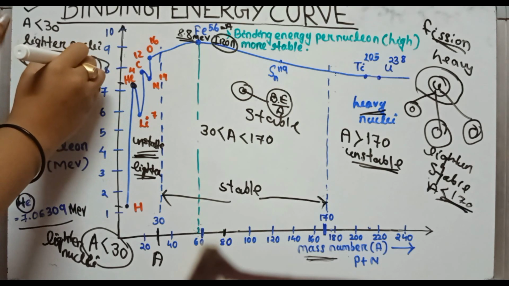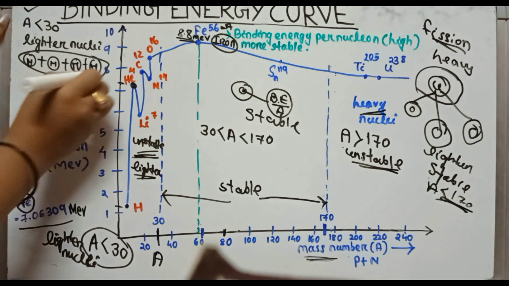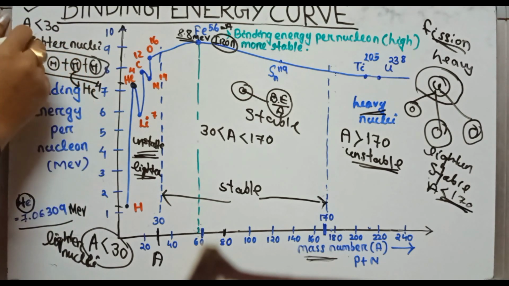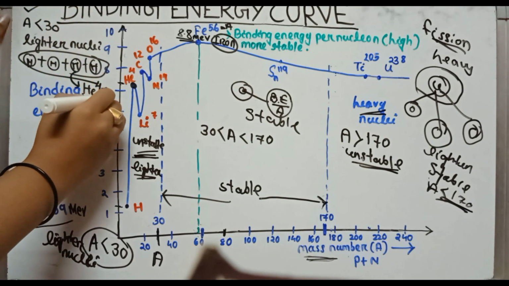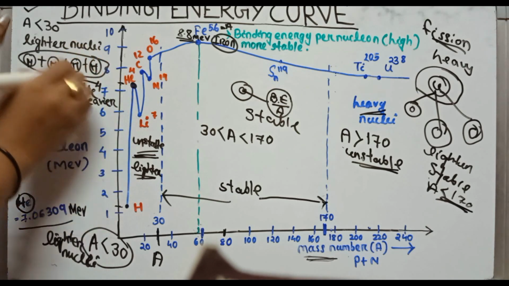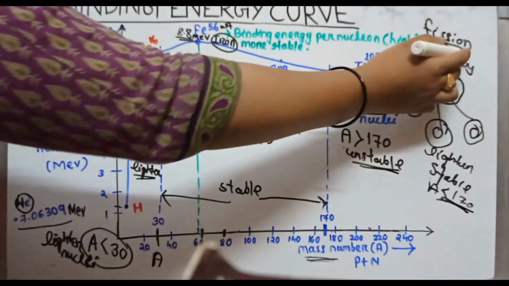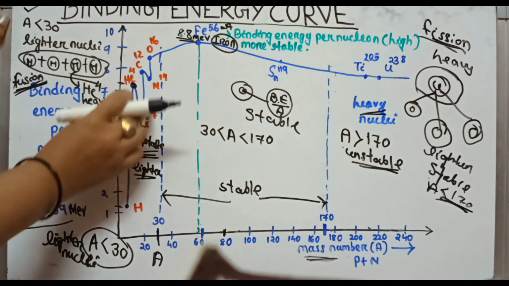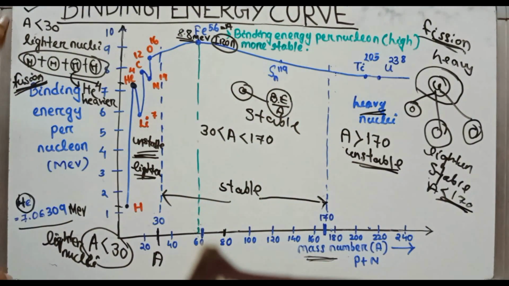The lighter nuclei combine and form heavier nuclei. This process is known as fusion. By the processes of fission and fusion, all the unstable nuclei want to become stable.